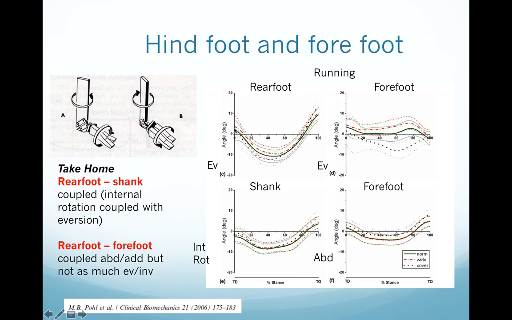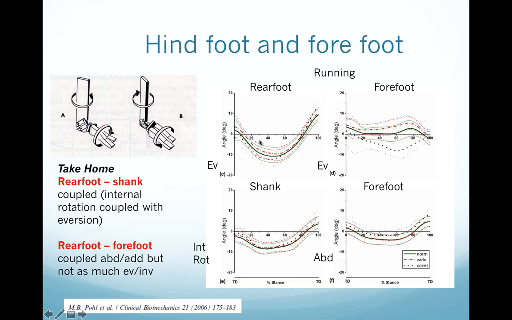And we see the same kind of pattern where essentially there's eversion across the stance phase of gait until about 80%, and then there's inversion at the terminal part of the stance phase of gait.